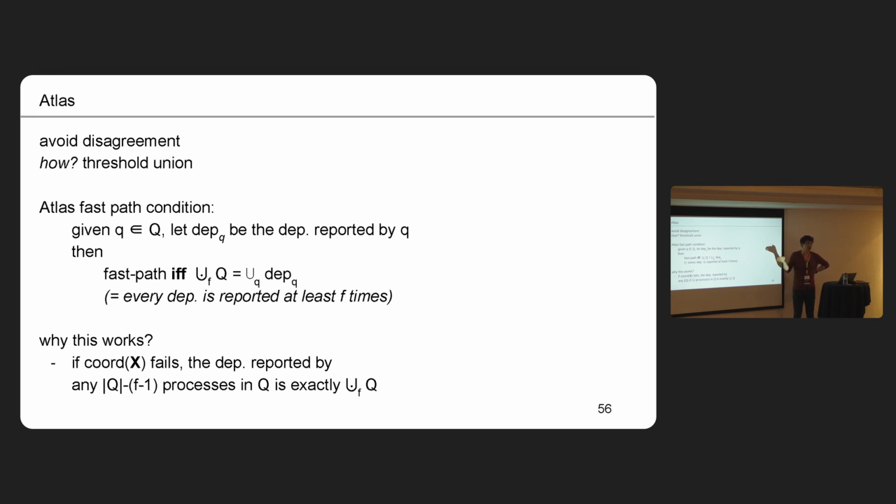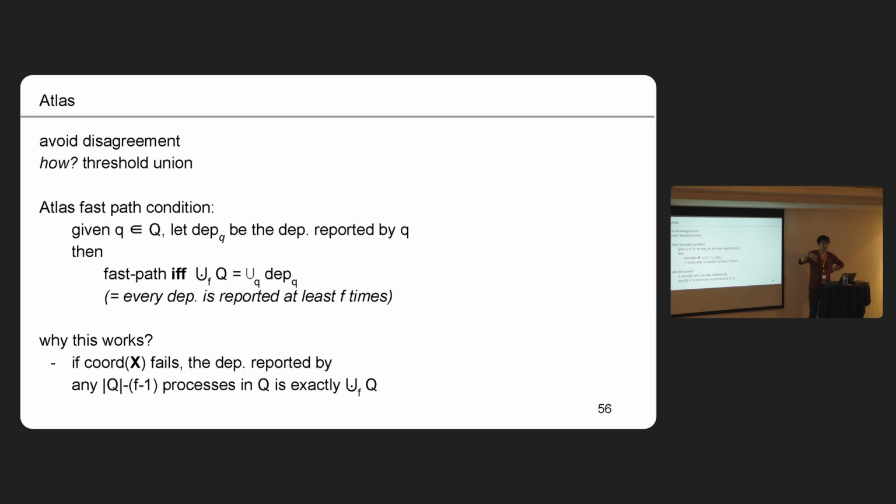So, the size of the fast path quorum minus f minus 1. And those replicas know what was used for the fast path. Because if the fast path is taken, then everything that is reported, so everything in the union of all the dependencies reported by the replicas, is in its f-threshold union.